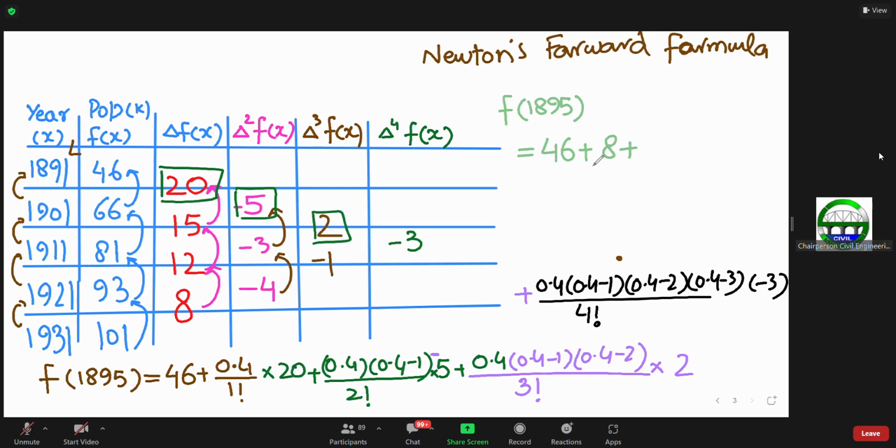Please, students, you try to calculate. I am also calculating here. 0.4 into 0.4 minus 1, divided by 2, multiplied by minus 5.